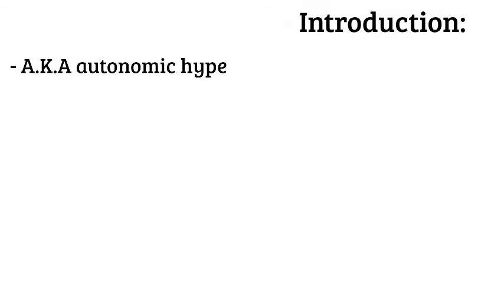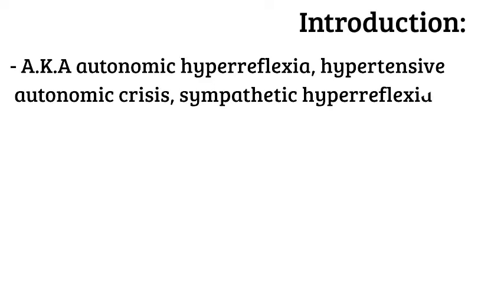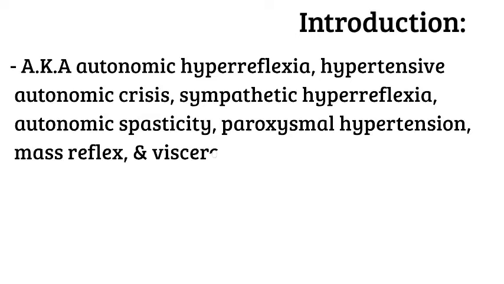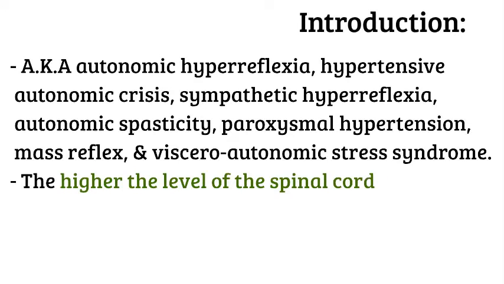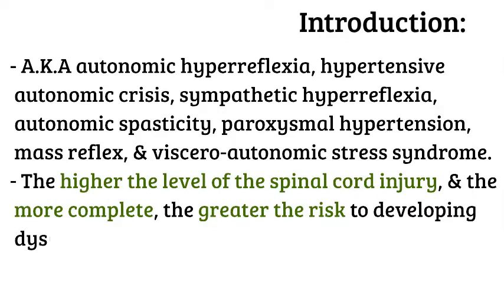Autonomic dysreflexia is also known as autonomic hyperreflexia, hypertensive autonomic crisis, sympathetic hyperreflexia, autonomic spasticity, paroxysmal hypertension, mass reflex, and visceral autonomic stress syndrome.